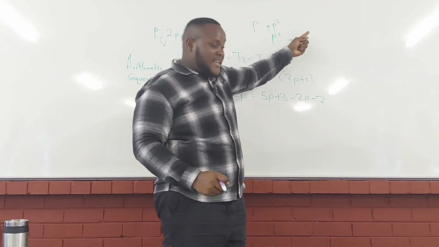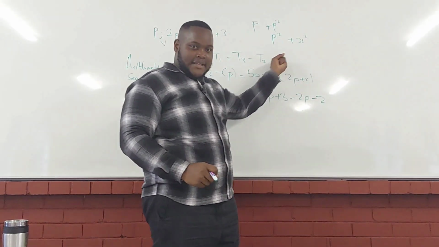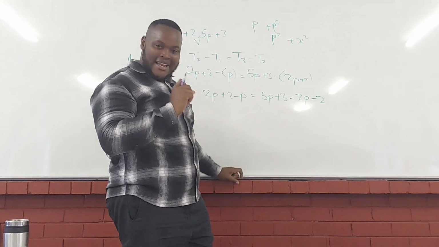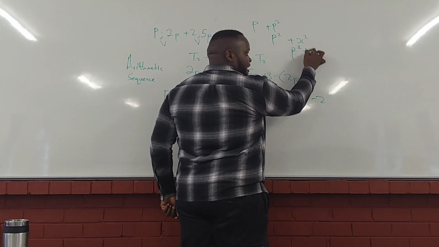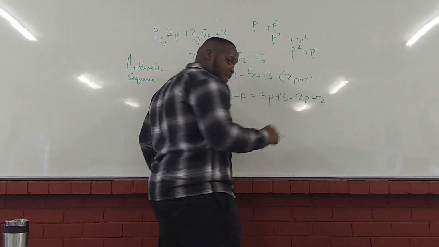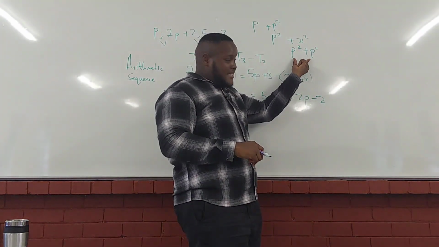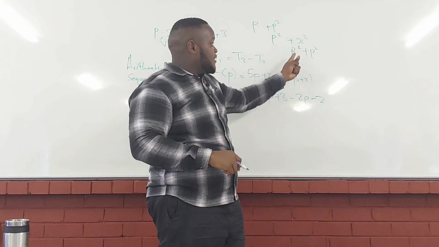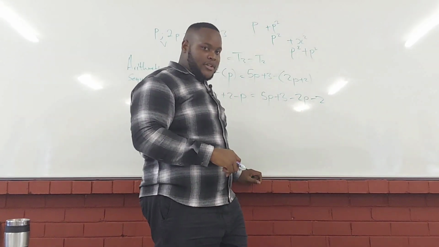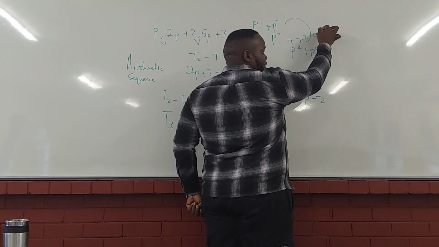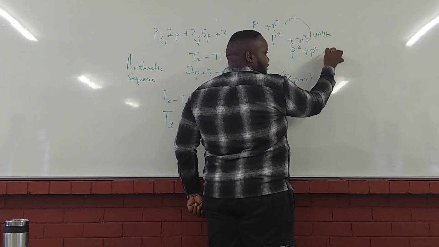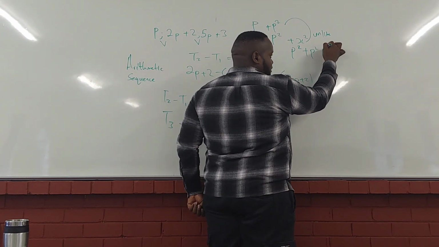Although they have the same exponent, their bases are not the same. A like term must have the same base raised to the same exponent. Therefore, these are like terms. They have the same base, which is p, raised to the same exponent, which is 2. So these two are unlike terms, and these are like terms.